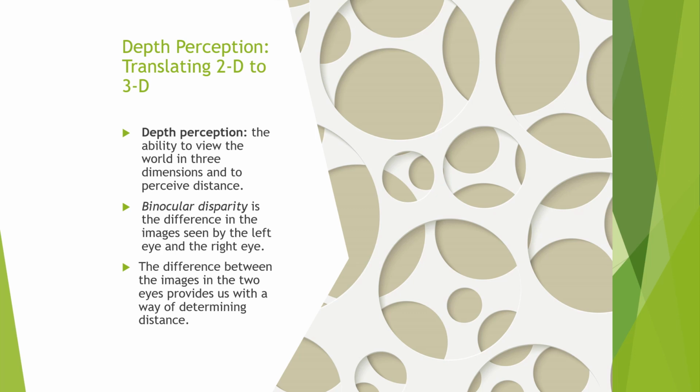The difference between those 2 images in the 2 eyes provides us with a way of determining distance. And that's what helps us go along with that. We have some information that comes into our left eye and some information that comes into our right eye. The combination of the 2 helps us perceive that distance.